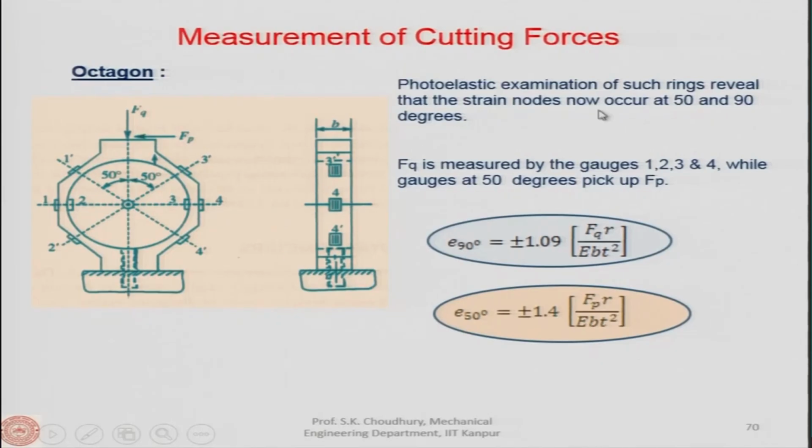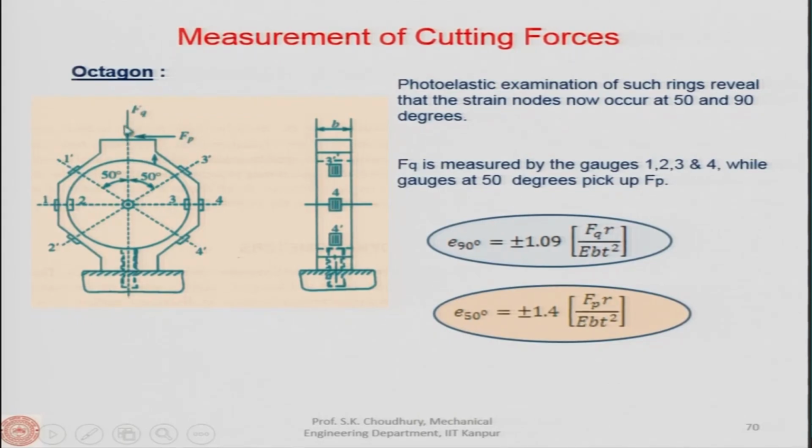Here it will be at 90 degrees and at an angle of 50 degrees. So, in this case, as you can see, the sensors are attached as 1 prime, 2 prime, 3 prime and 4 prime at an angle of 50 degrees for the forces we are measuring, FQ and FP.